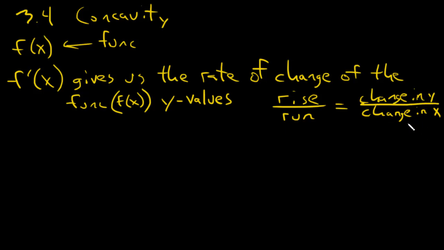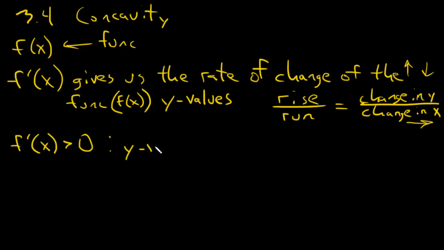If the change in y is up, it's a positive slope; if the change in y is down, it's a negative slope. Another way to write that would be f prime of x greater than 0. What does that mean? Well, that means that it's going to be very strange.